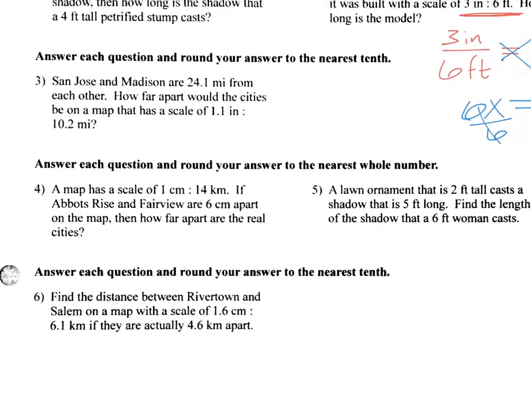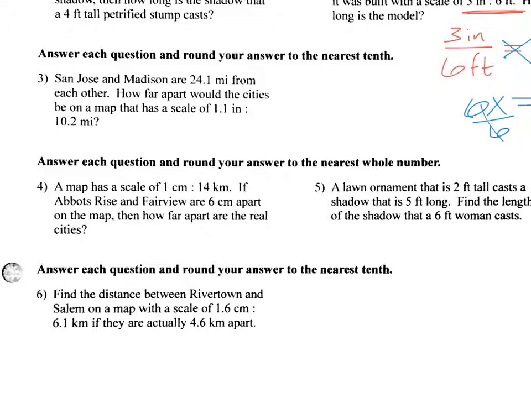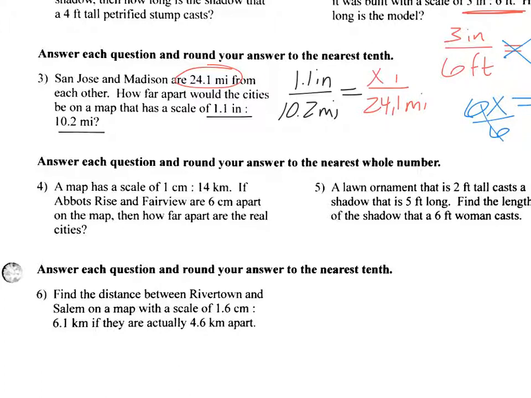Alright, the next one. San Jose and Madison are 24.1 miles from each other. How far apart would the cities be on a map? Here's another scale. Scale 1.1 inches to 10.2 miles. 1.1 inch over 10.2 miles equals what I know, 24.1, and that's in miles, so that's got to go on the bottom. I'm looking for how many inches it would be on the map.